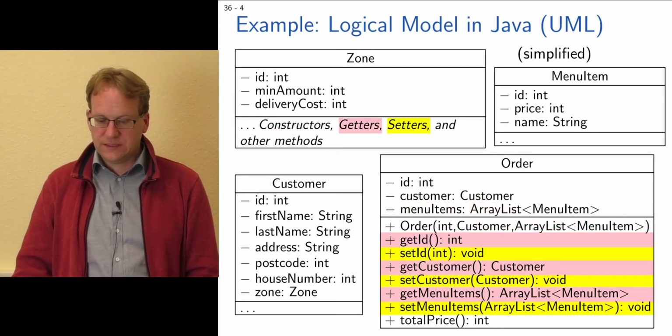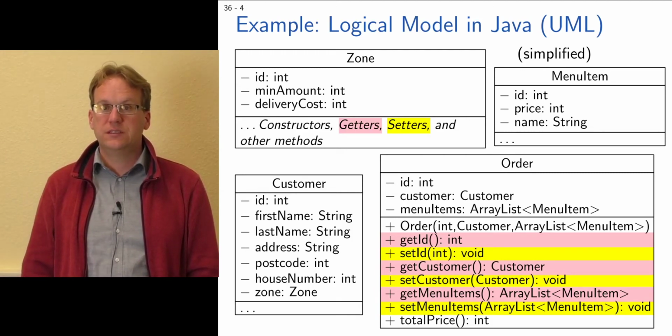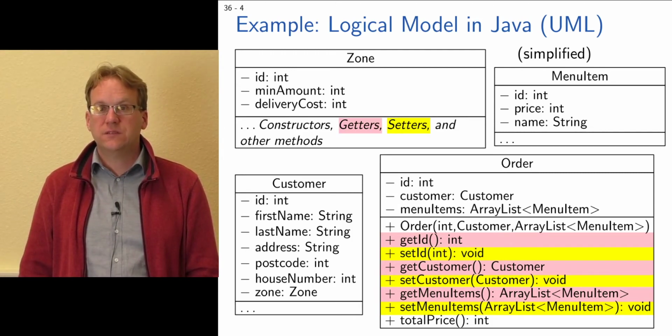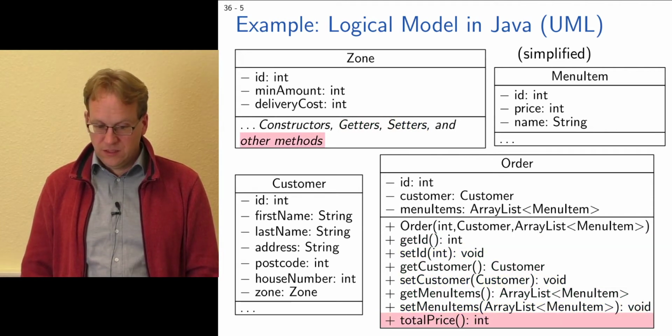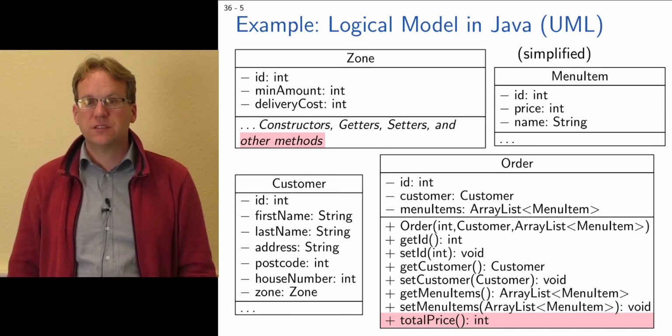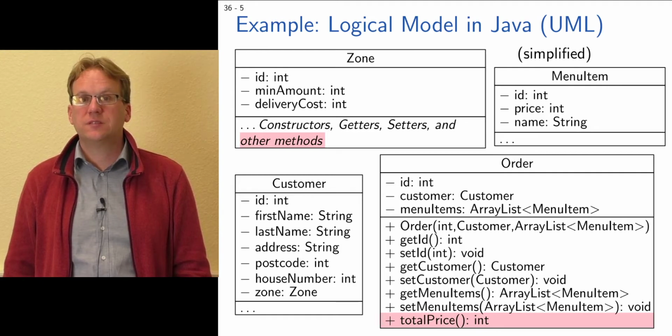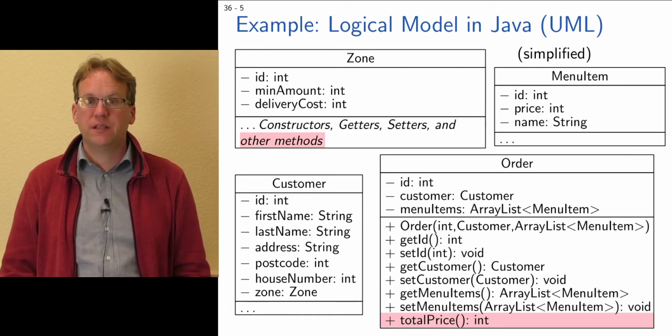Well, then we have these getters and setters as shown here, getting for reading, setting for writing. And finally, some other methods, as I mentioned, to make some interesting computations, more complex things, maybe doing some calculations based on the attribute values.